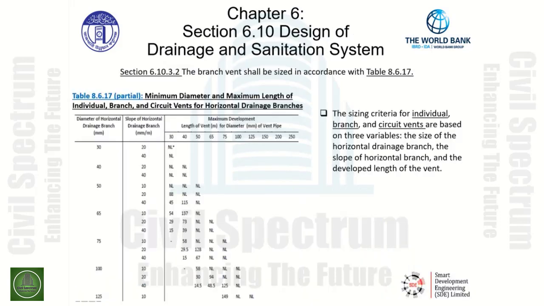Table 8.6.17 is referenced according to section 6.10.3.2. The branch vent shall be sized in accordance with that particular table, 8.6.17. We look at this table.